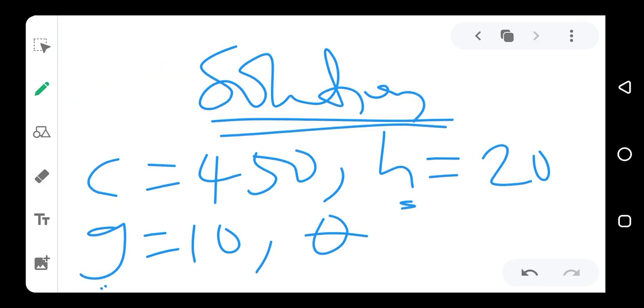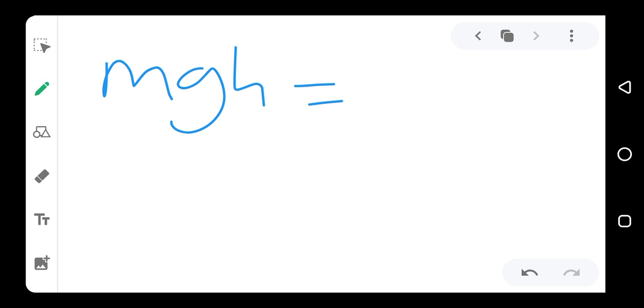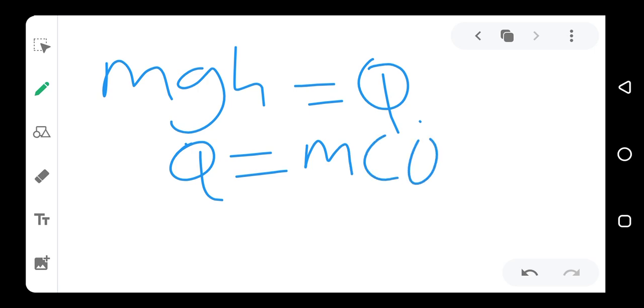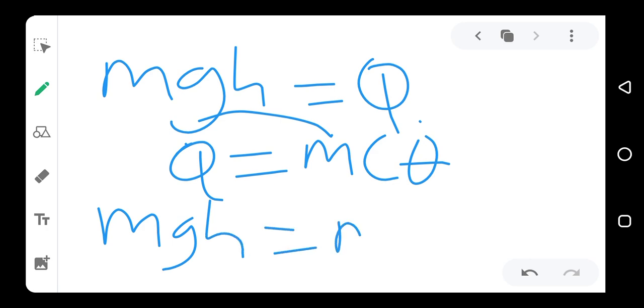So the formula for potential energy is mgh. Now this is equal to Q. Since this is equal to Q, and we know that Q is equal to mc theta, we equate this to this. Which means that mgh is equal to mc theta.